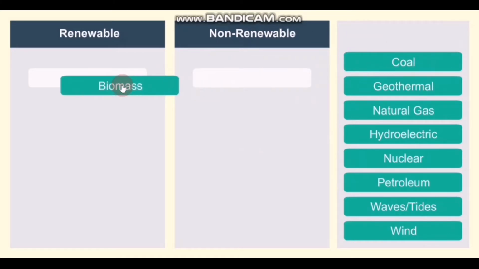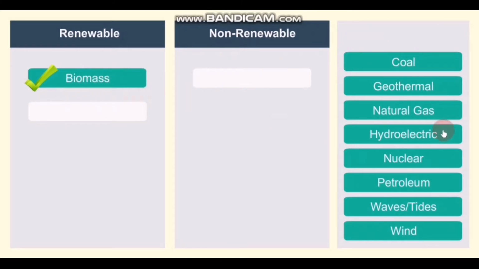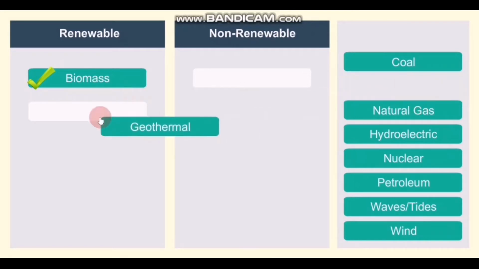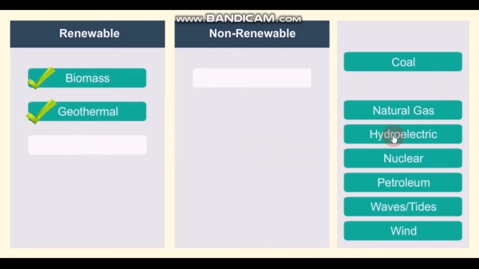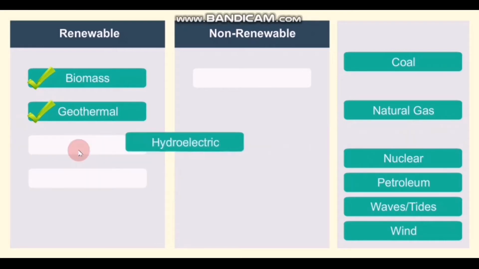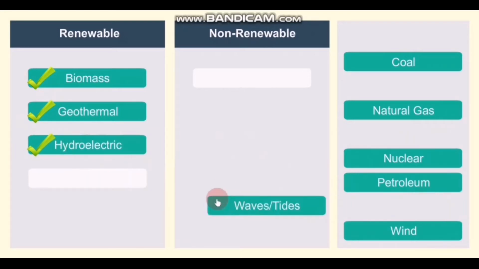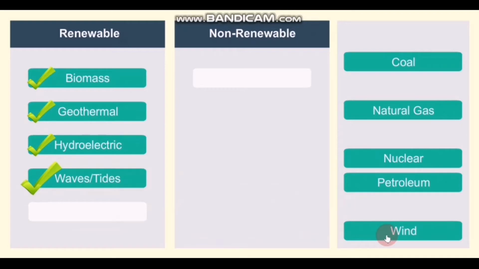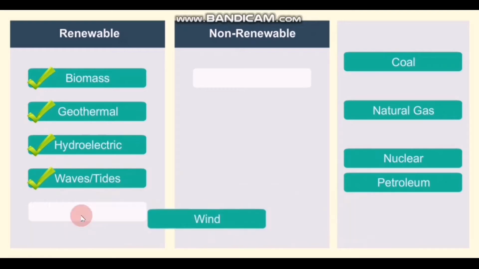Yes, first we have biomass, then geothermal, then hydroelectric, followed by wave or tidal, and then we have wind energy.